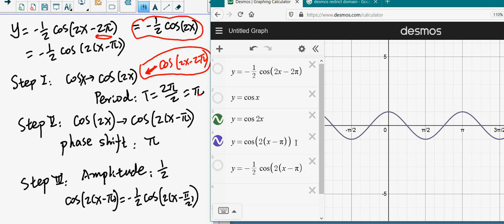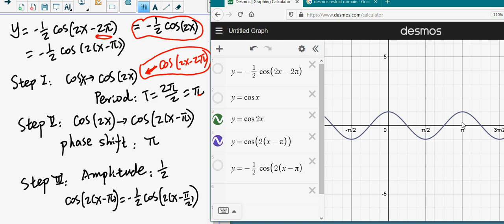Because what? Because cosine 2x is cosine 2x minus 2 pi. Your shift of pi units is actually what? It is 1 period. Because the period for cosine 2x is pi.